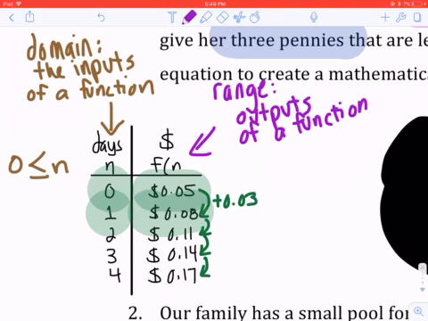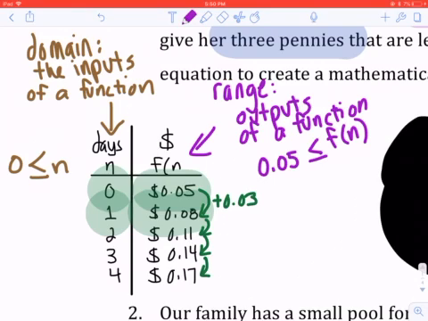In this particular function, let's see. On day 0, we start out with $0.05 or 5 cents, right? And our values can keep going up. Savannah can keep getting pennies from us. This could go on for a long time. Unfortunately, say we're stuck in school for the rest of our lives, and we just keep giving Savannah 3 cents. Then she'd get 3 cents every day. So the output could be anything above 5 cents.